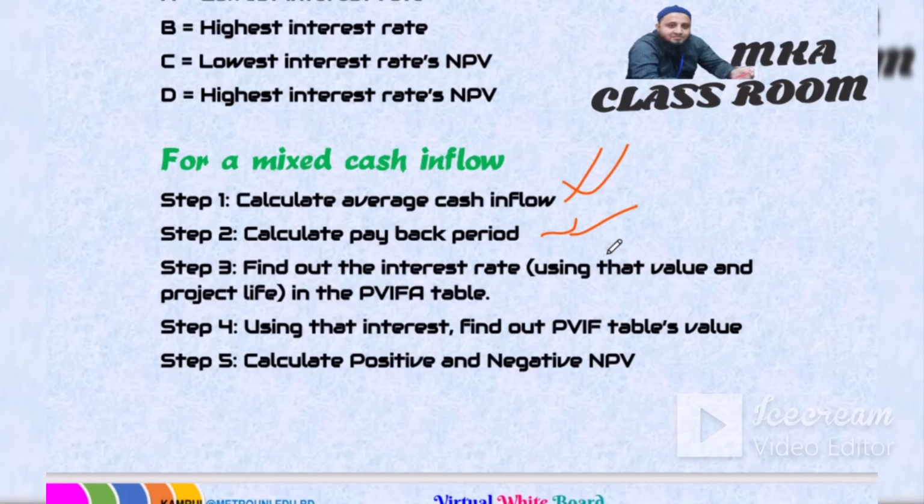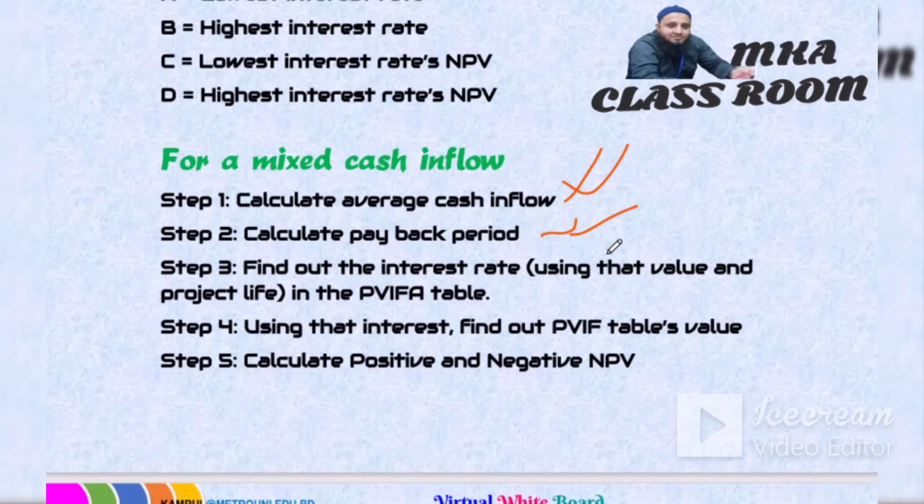XYZ company, project A and project B. Here the cost of capital is given, so it is easy for you to calculate the project's IRR.